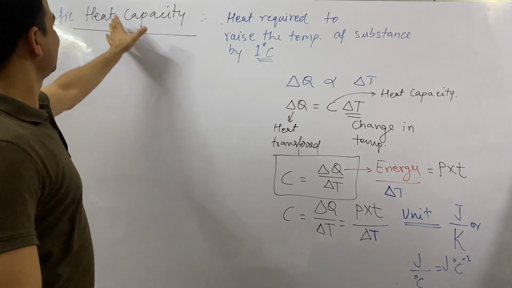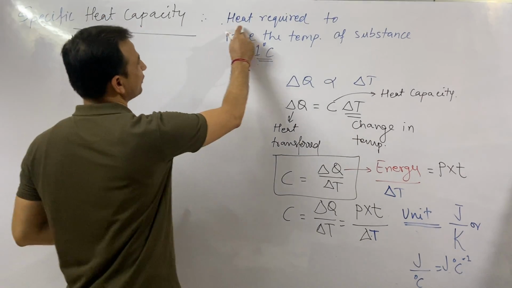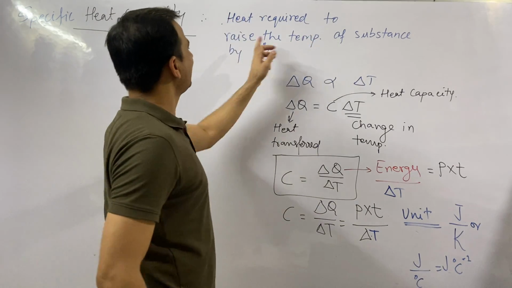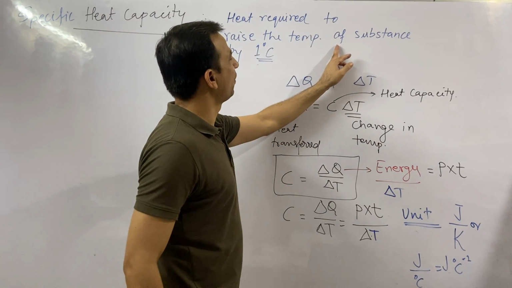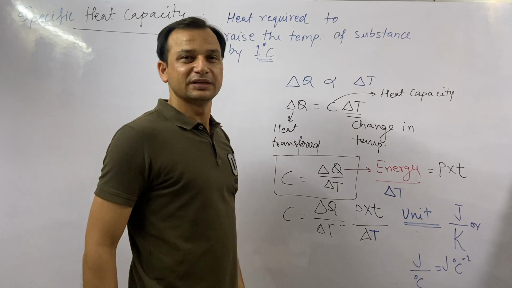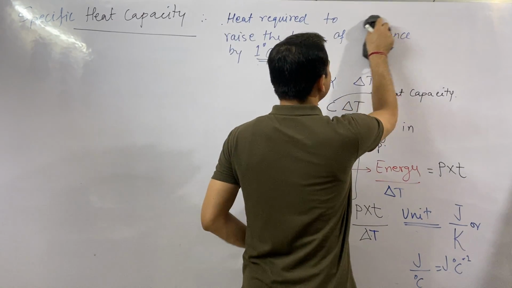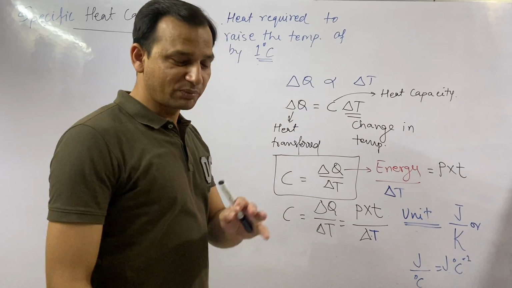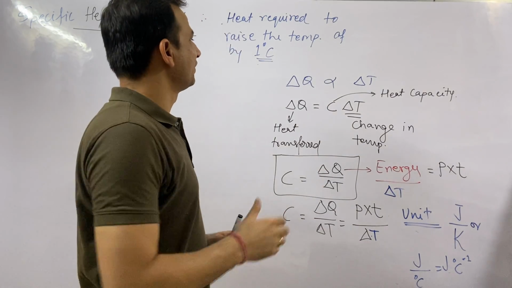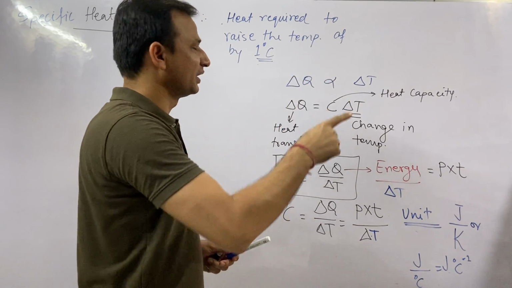So heat capacity and specific heat capacity, and I'm modifying this definition. Heat required to raise the temperature of, now here, instead of just substance where mass was not mentioned, now we will mention the mass.